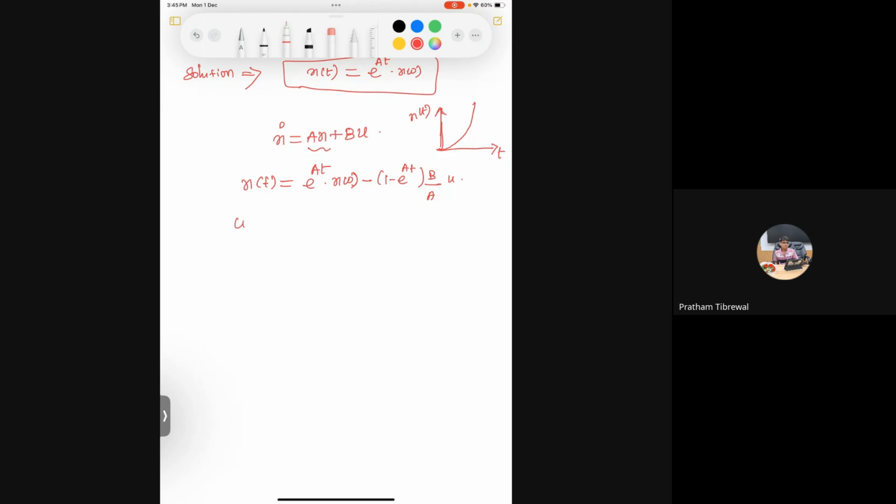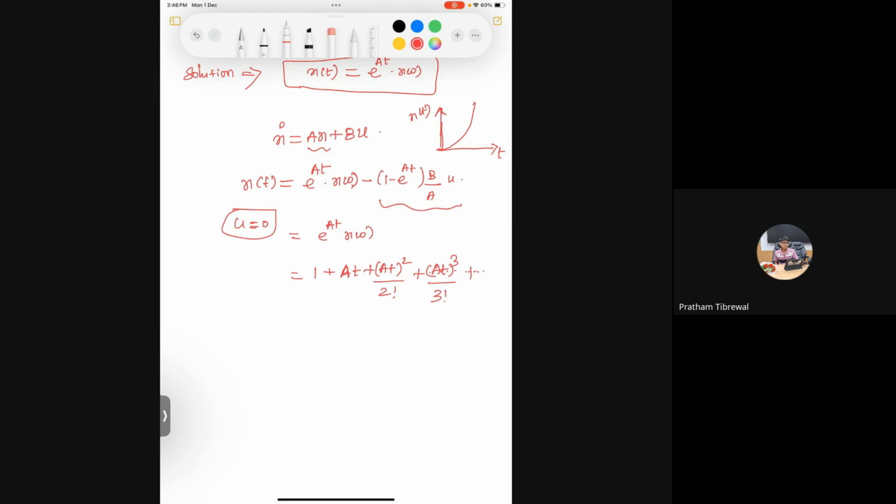Here, if I consider u equal to 0, this term will go to 0. So we will have only e power at x of 0. This can be written as 1 plus at plus at whole square by 2 factorial, expanding this term using Taylor series. You will get something like this, and all else are the higher order terms.